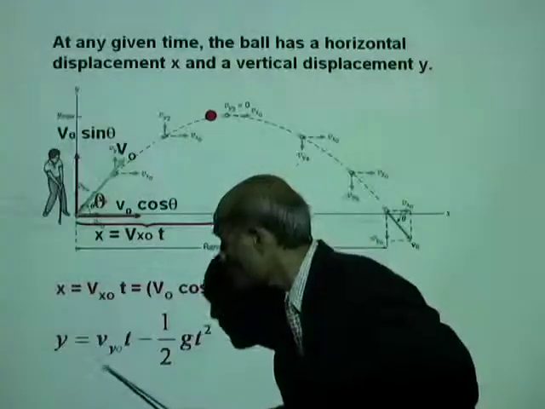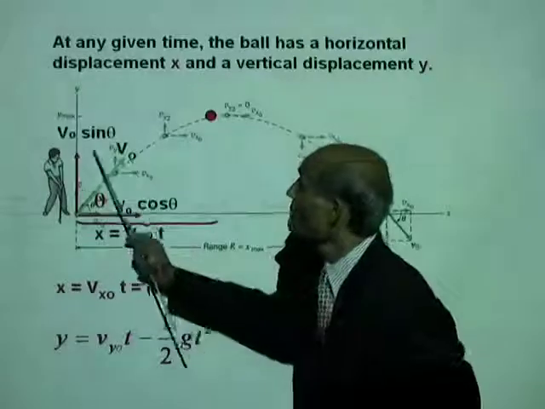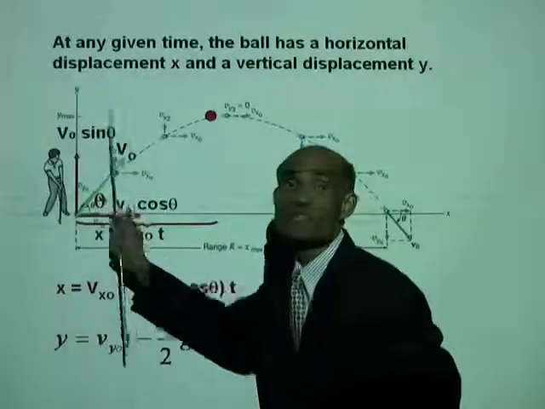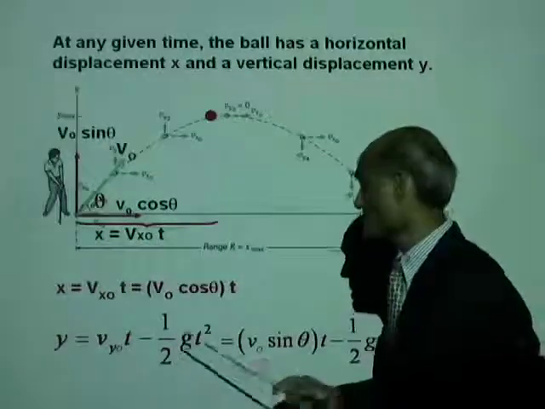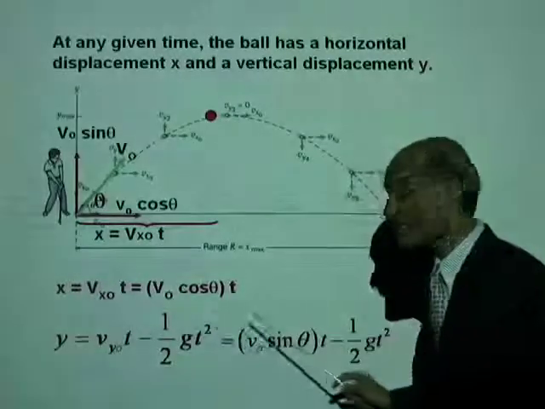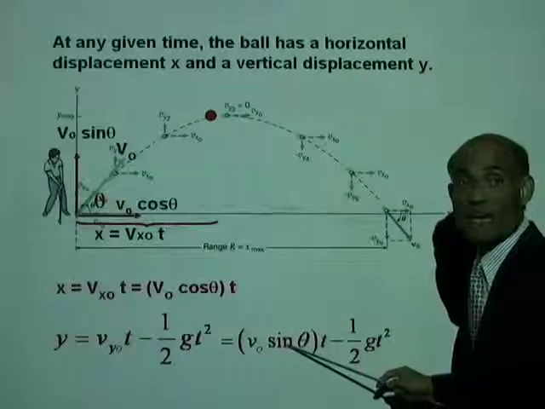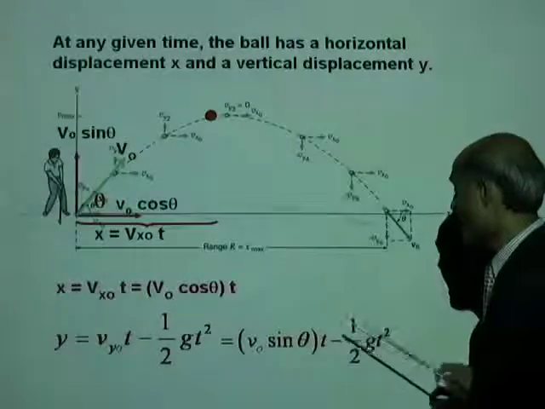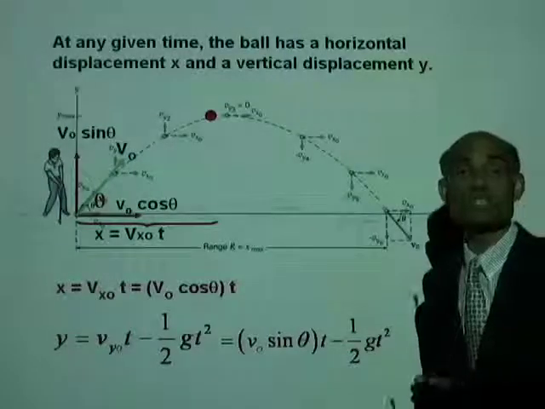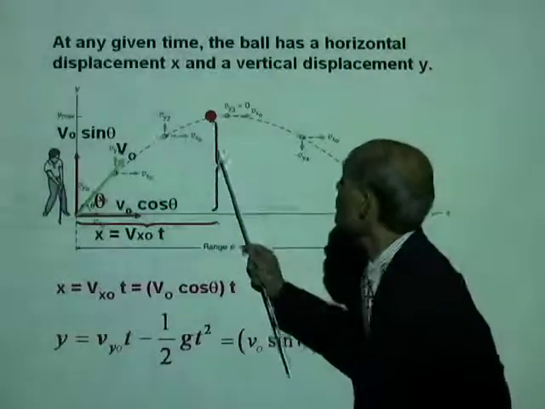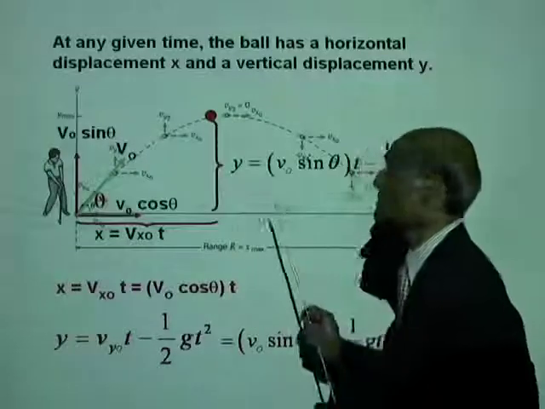What is the value of vy0? vy0 is v0 sine theta. So the y position is v0 sine theta t minus 1/2 g t squared. And this is that y position.